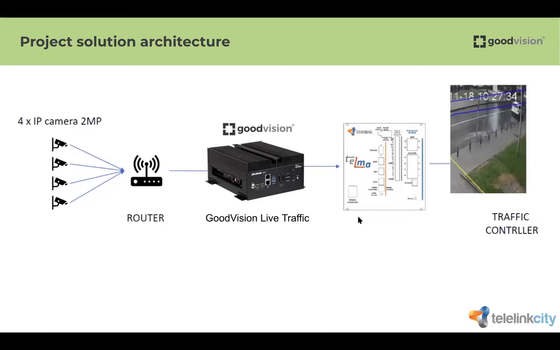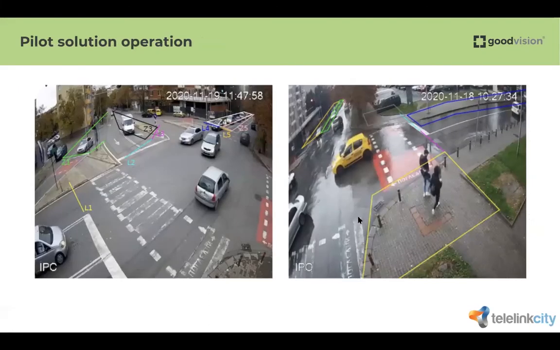So basically, the most important thing that we need is the detections on the zones or the lines, the crossing sections that we define in the image. Also, it is important to have the speed as well as the classification of the vehicles that are moving on the streets.